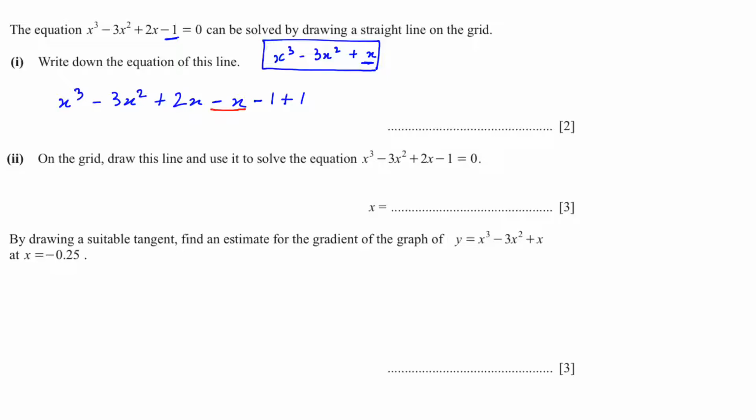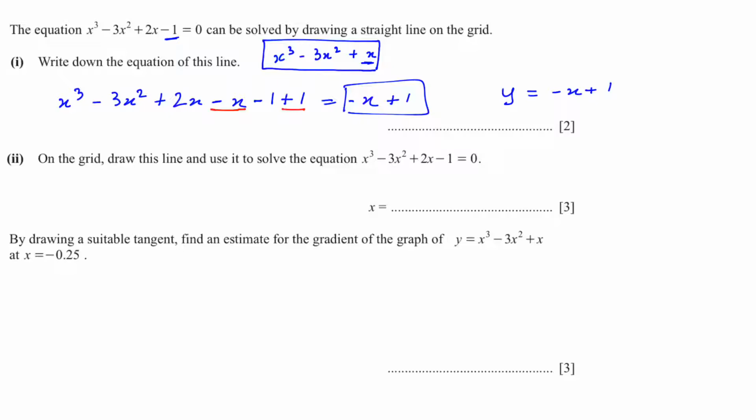Negative x, plus 1. Whatever we added here, negative x, we'll write it after the equal, plus 1, we'll write it after the equal. So this is your line, y = -x + 1.